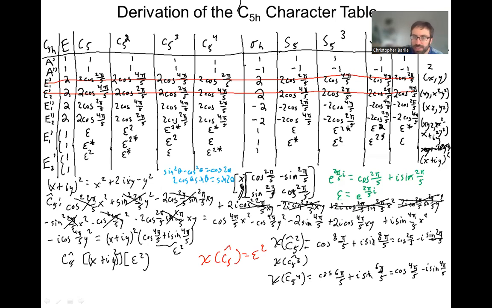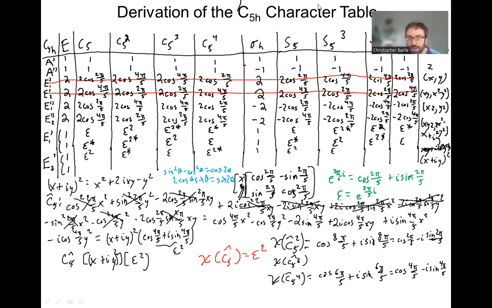And then with the s's, just like we did previously on the E1 prime function, we know that s is just C5 times sigma h, and sigma h doesn't do anything, as we just said. So this is going to be the same character as C5. So that gets us an epsilon squared there. Same idea for S53. That is the same thing as C53 times sigma h. Sigma h does nothing, so we're going to get the same character as C53, which is epsilon.